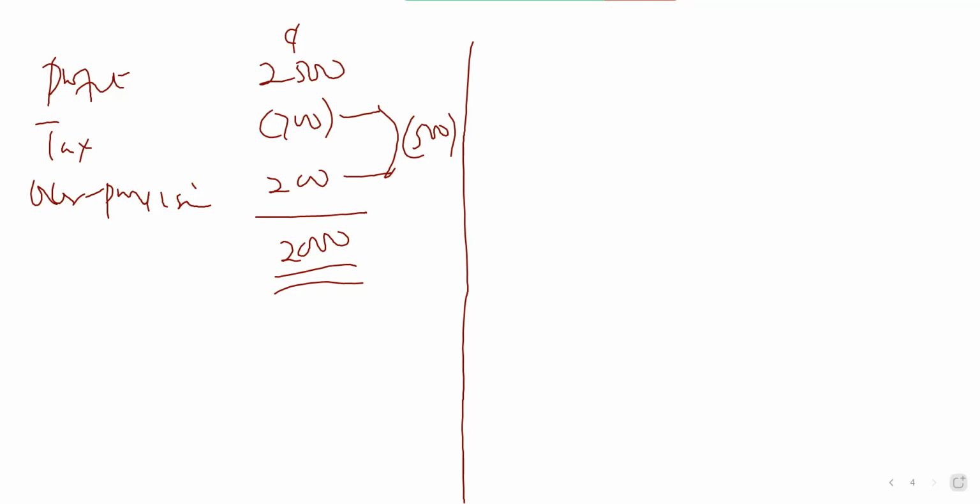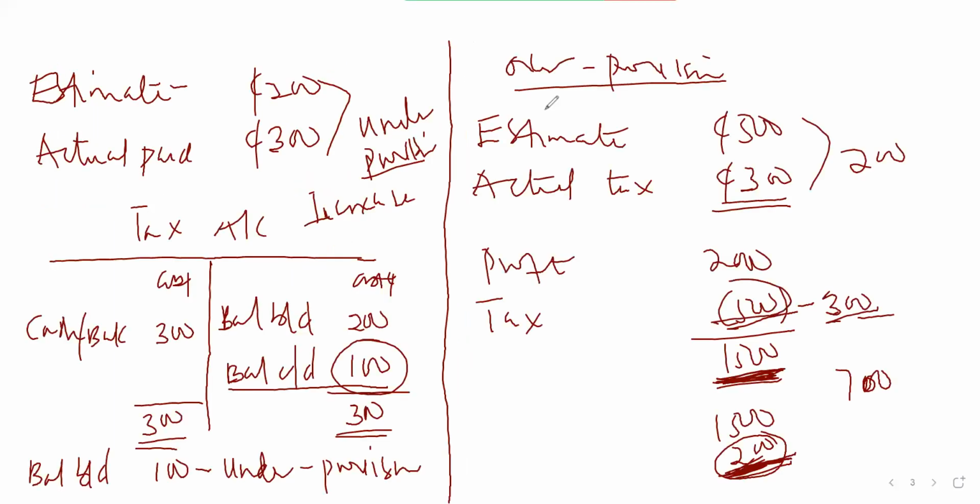Please, in this scenario, the 300, add back the over provision. It doesn't reflect the actual tax of 300. No, the last year, what we are doing is that the tax was what? 500. That was our estimate, isn't it? And the tax authority has given us actual tax payment of 300.